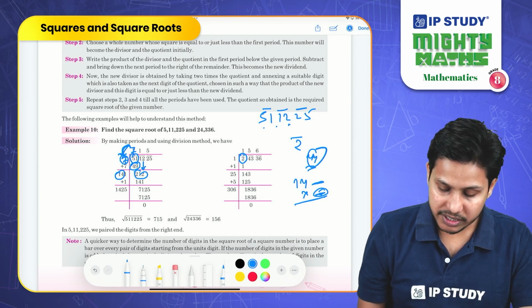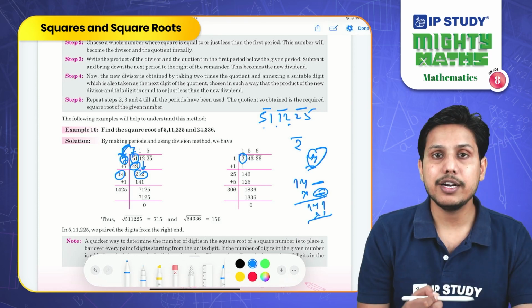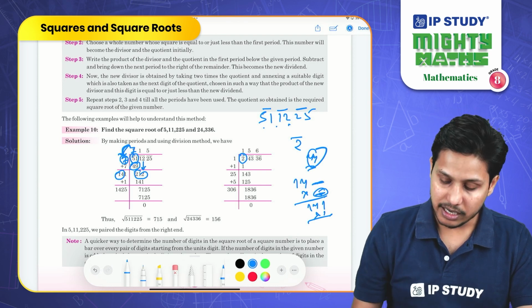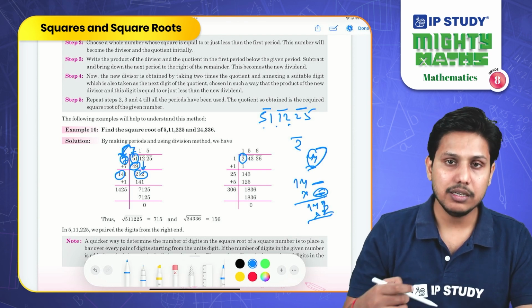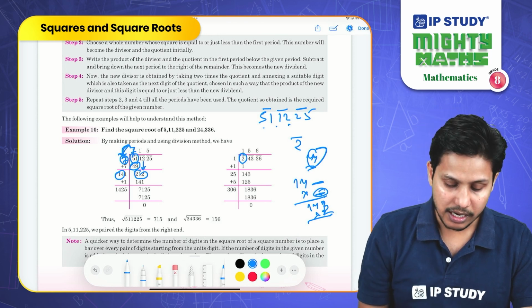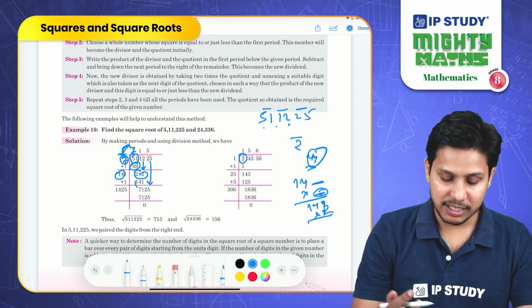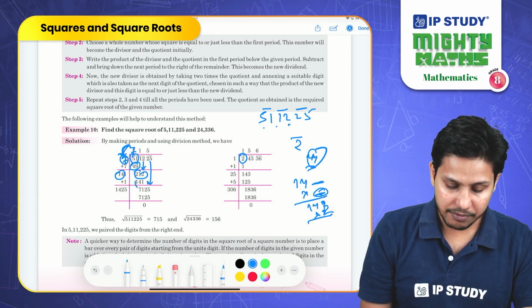If we check, it is 1 only which will give us smaller than 212. Otherwise, if we take any other number like 2, then the product will be greater than the required value 212. Now we follow the same process again. We subtract these numbers and make the next pair here.